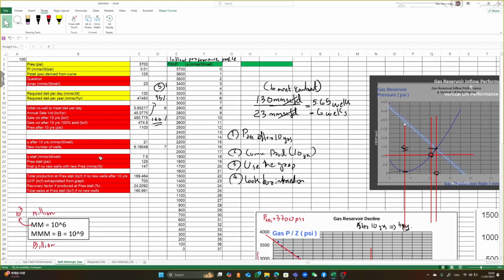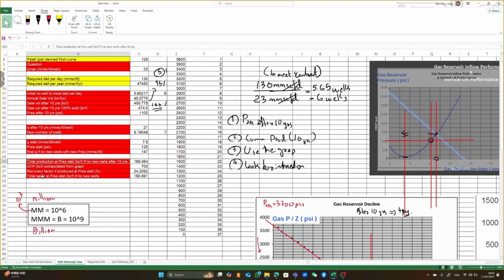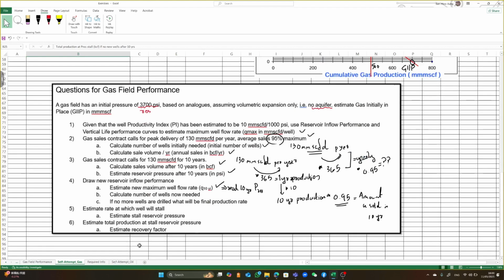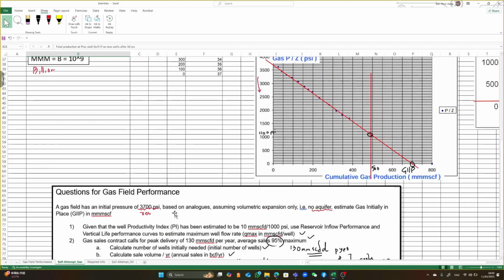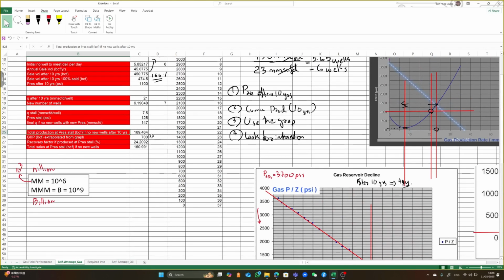So the final Q, oh sorry, not this one, the total production that we have to look at is after 10 years, right? At the stall reservoir pressure, and considering that we produce at this rate for 10 years, this is how we calculate it.